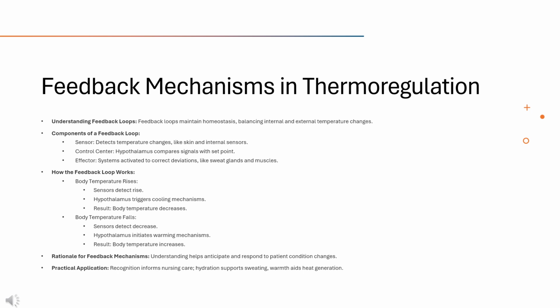For practical methods, this means actions such as ensuring a patient is hydrated enough to facilitate sweating, or providing additional warmth to those who are struggling to generate enough body heat. Recognizing the signs of these feedback mechanisms in action can guide our nursing care and help us to provide the most effective support for our patients' physiological needs under a variety of conditions.